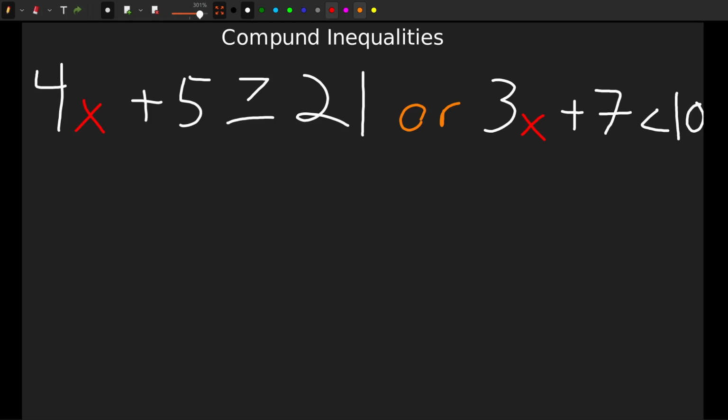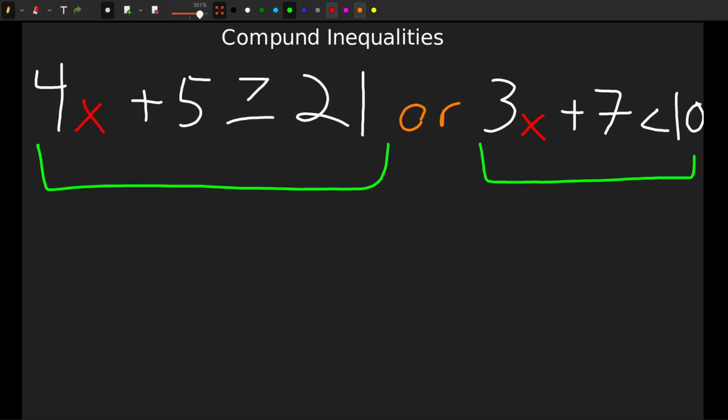Okay. Now to solve this union inequality, we'll simply solve each of these problems separately. So we have one problem here, and we have another problem here, and we'll solve them individually.